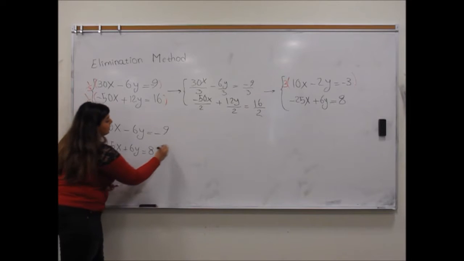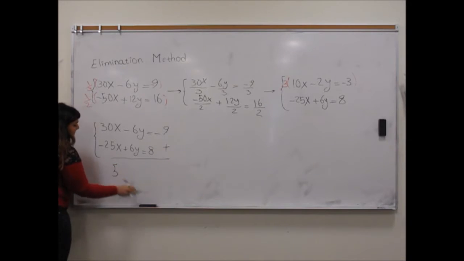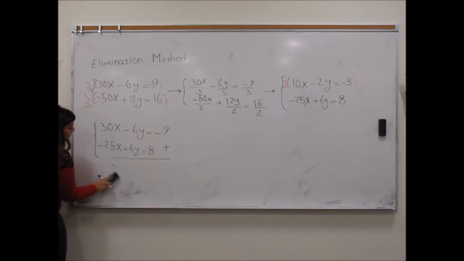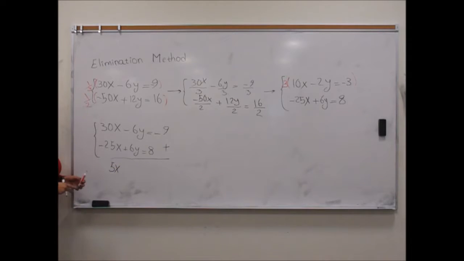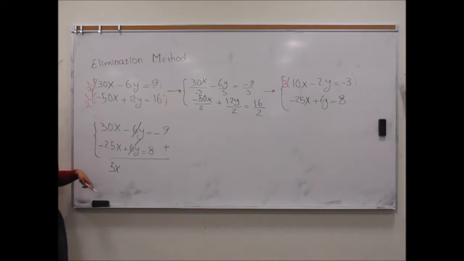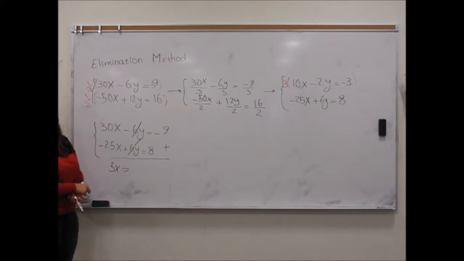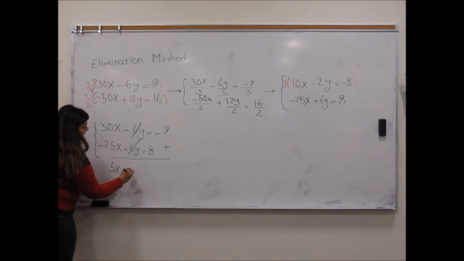Now it's time to add them. 30x plus negative 25x, which is the same as 30x minus 25x, is going to give me 5x. Negative 6y plus 6y, they cancel each other out, so I have 0. Equals negative 9 plus 8, which is negative 1.